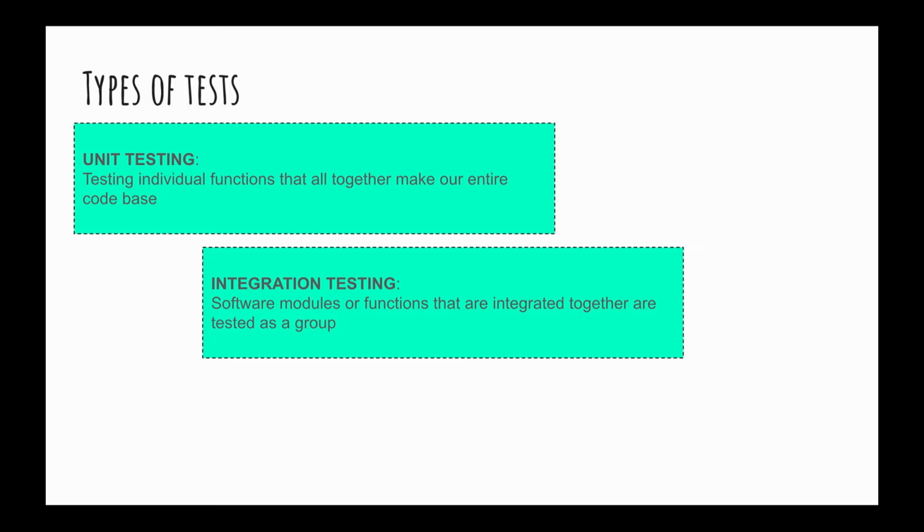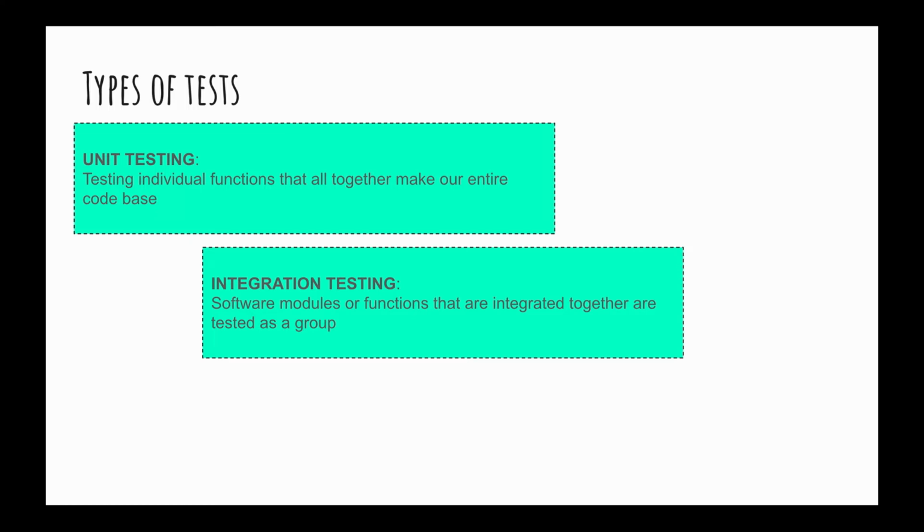To be sure that it gives the right value after passing through all these functions, it's important to test these integrated functions together. We're not going to be going too much into integration testing in this particular video, but it's something that we'll be looking to talk about in a future video.